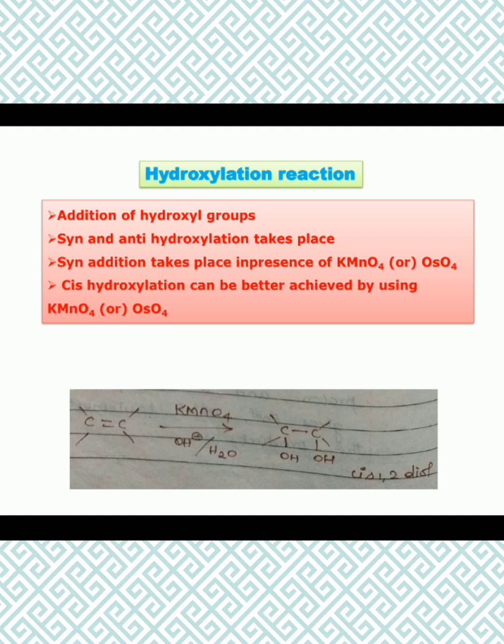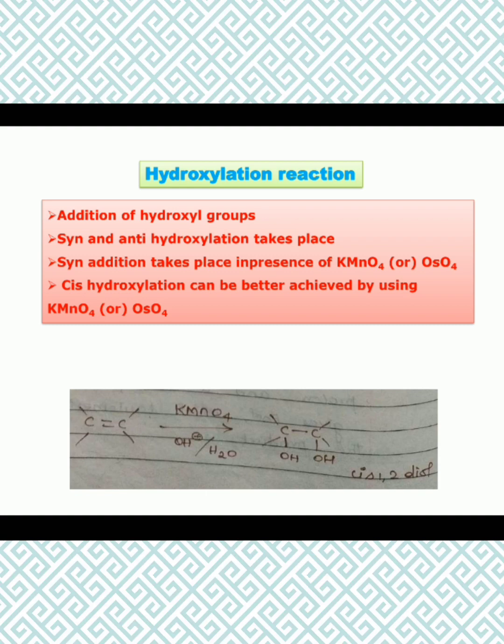Anti-hydroxylation means addition of hydroxyl groups on opposite sides of the carbon-carbon double bond. So it depends upon the catalyst whether syn hydroxylation or anti-hydroxylation takes place.